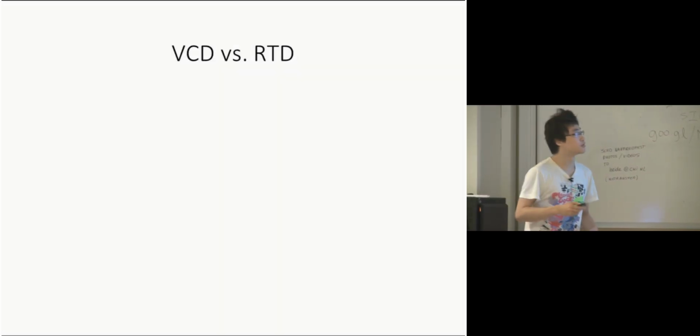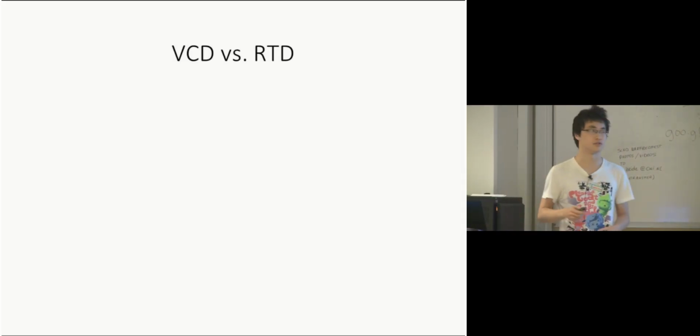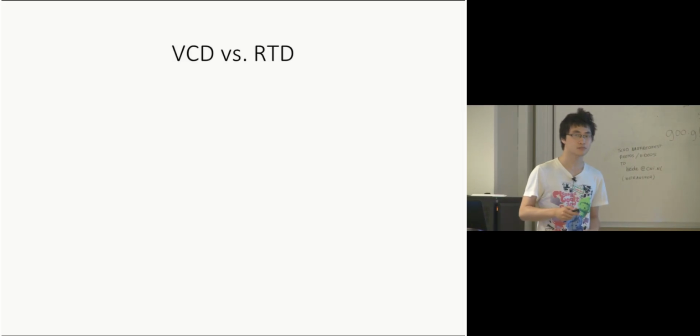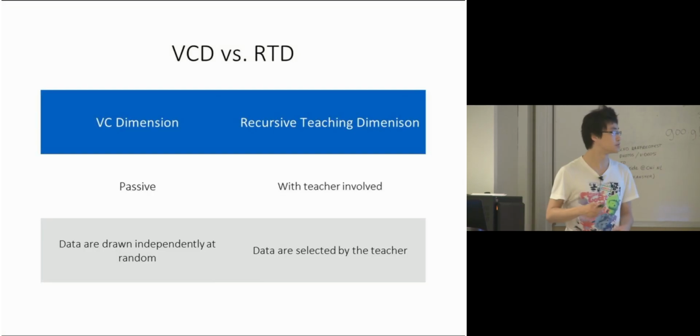The difference between the VC dimension and the recursive teaching dimension is as follows. When we talk about the VC dimension, we are in the PAC learning scenario, where we do passive learning and the data are drawn independently at random.